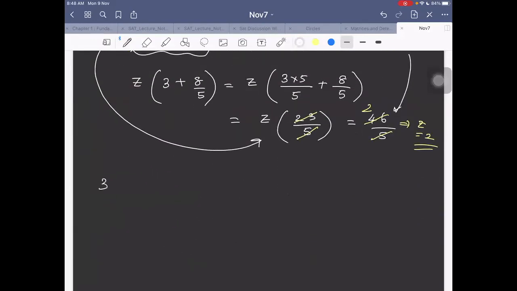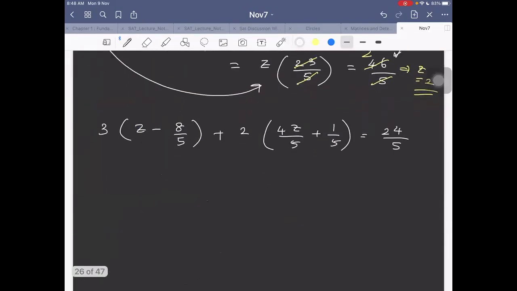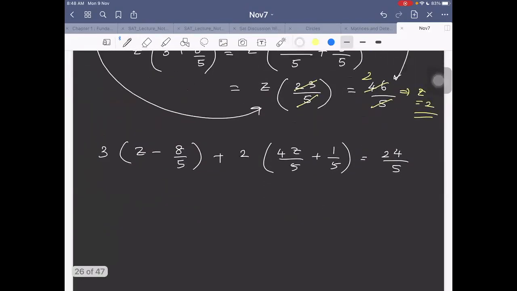So we have 3 times (z minus 8 by 5) plus 2 times (4z by 5 plus 1 by 5) is equal to 24 divided by 5, right? So you observe that you have 5 everywhere in the denominator. How will you get rid of 5?